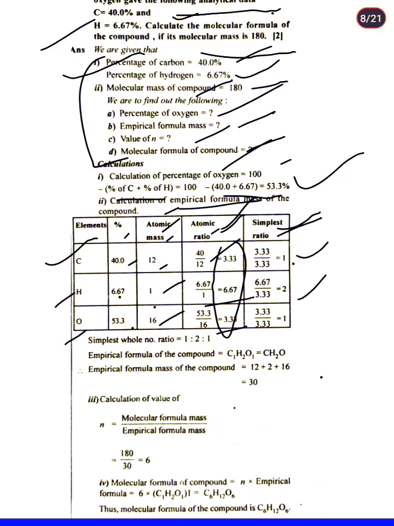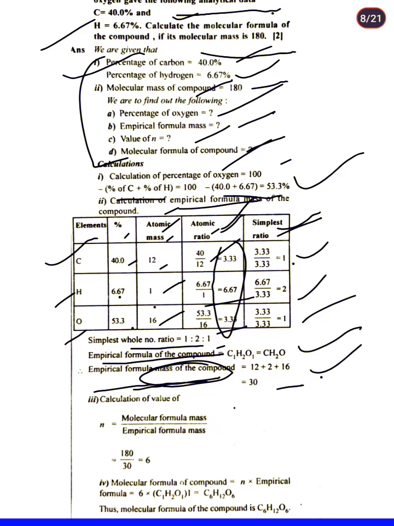So this is the simplest ratio, the whole number ratio 1:2:1, and the empirical formula of the compound can be written as C1H2O1, that is CH2O, ठीक है। Now the empirical formula mass can be calculated: 12 plus 2 into 1 plus 16, the atomic mass of oxygen, equals 30. The value of n is the molecular formula mass divided by the empirical formula mass, that is 180 divided by 30, value 6.